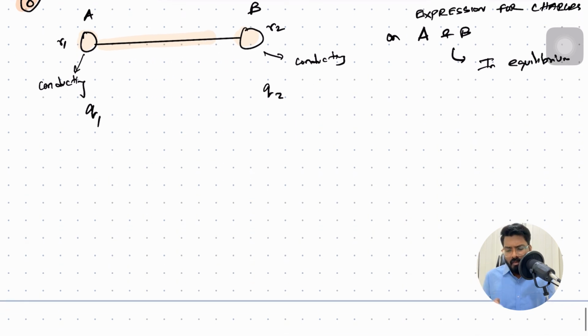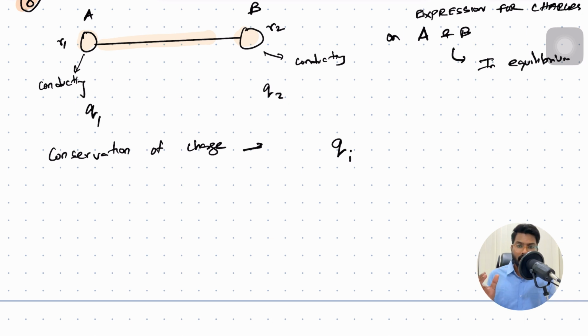Now when we say equilibrium, firstly you should remember the conservation of charge. The charge is not going to be created or destroyed. It can only be redistributed. That means before the balls were connected, the entire system would have had a total charge, that is the initial charge.